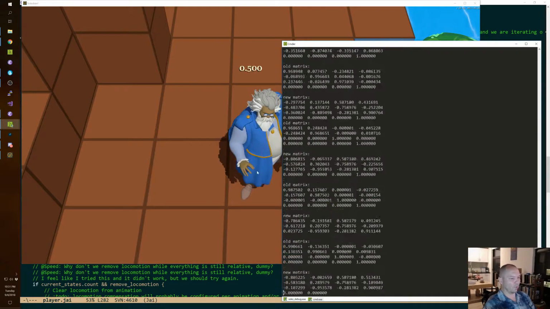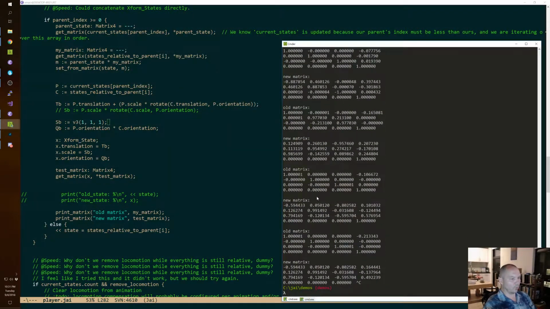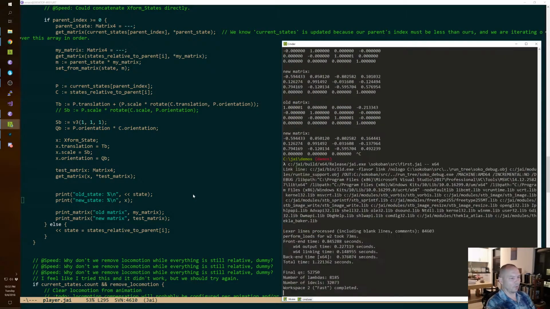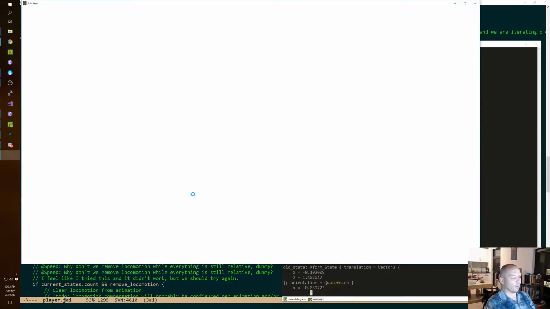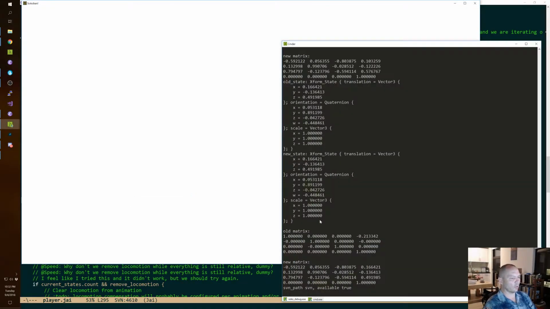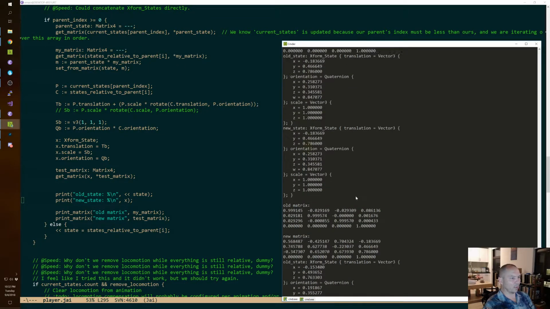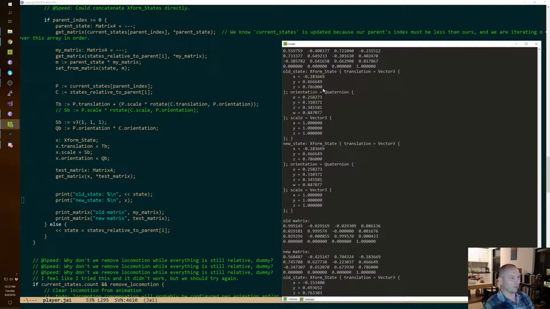Now how does our old matrix compare to our new? Oh, it's still totally different. What am I doing wrong? Let's print everything. All right, old state, new state. It looks the same.